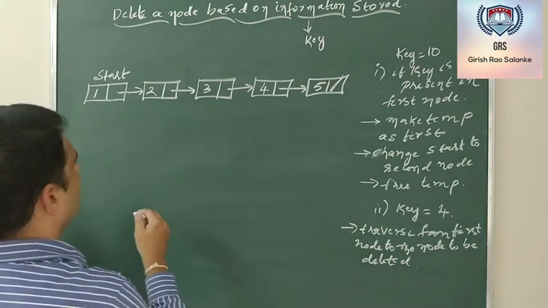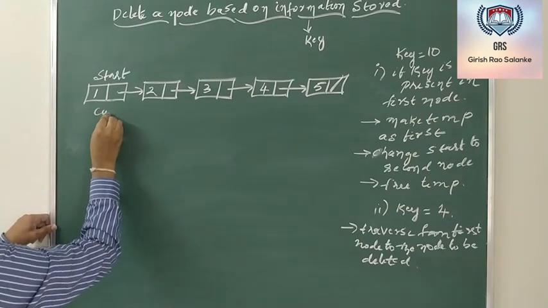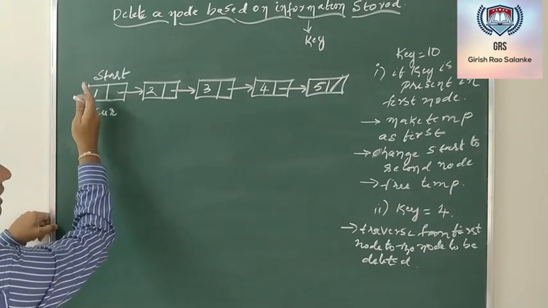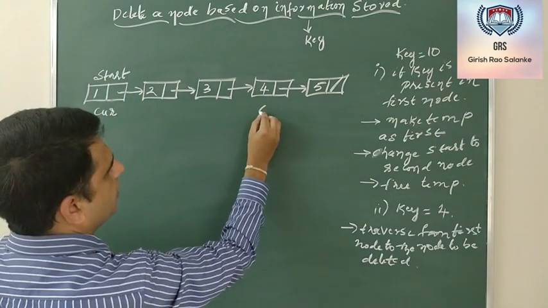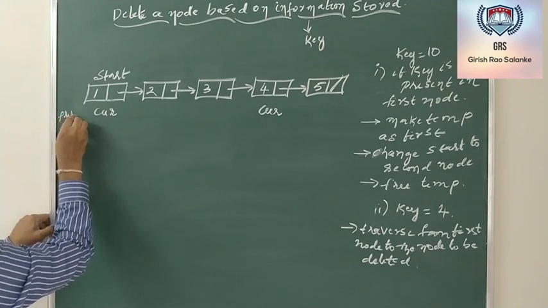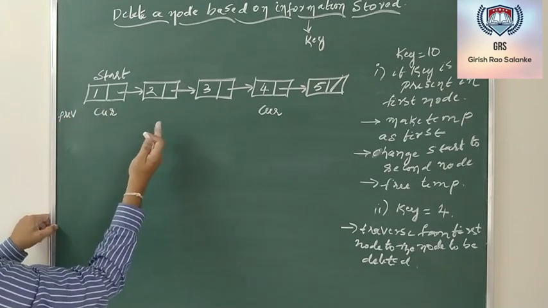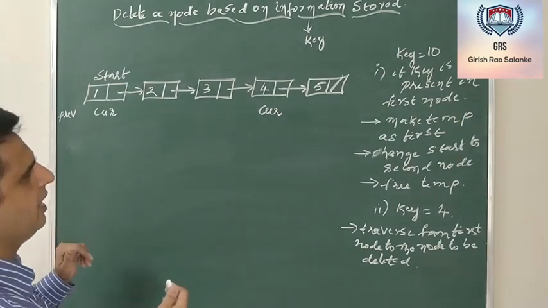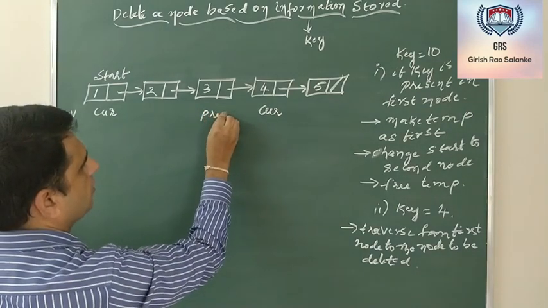So I will assume that this was my current. I will traverse my current from the starting node to the node to be deleted, till here. While traversing, I will keep one more reference as previous. When I traverse current to the next node, I will bring my previous to the node behind the current. So this will be my previous.